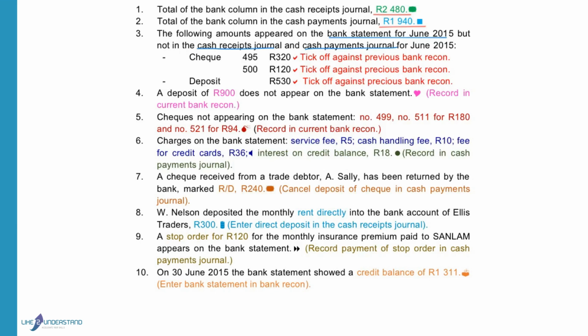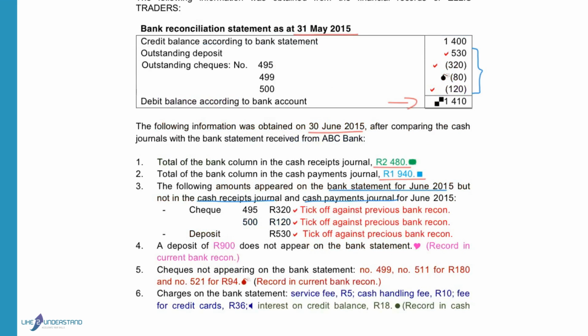So we already recorded it in the previous month in our journals, but the bank didn't do it by the end of the month. They only completed it in the current month. You will see that all these figures, 530, 320, and 120, are these figures that they completed in the current month. So there's one outstanding amount of 80 Rand.